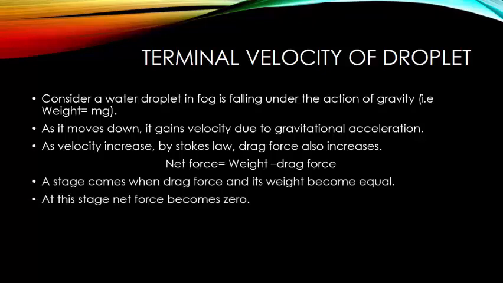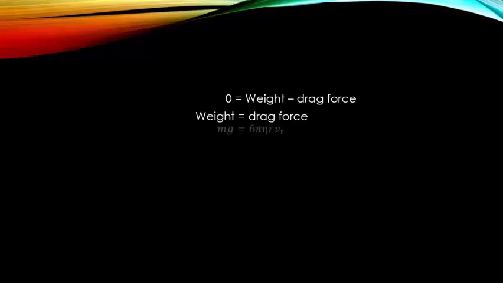A stage comes when drag force acting on the droplet becomes equal to its weight. At this stage, net force acting on the droplet becomes 0. So net force is equal to 0, and thus 0 is equal to weight minus drag force. We will rearrange this equation and it becomes weight is equal to drag force.